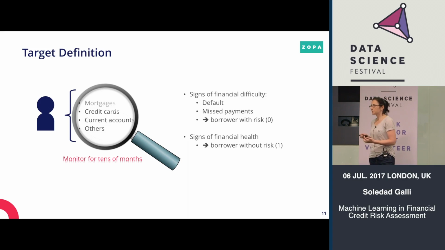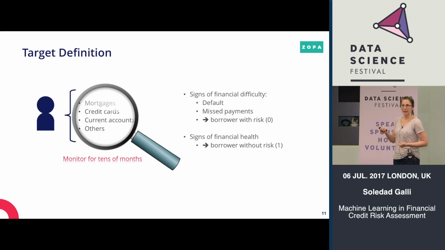And financial difficulty signs may be something like, for example, the customer defaulting on any one of those items, or also the customer missing payments, ideally more than 2, or also when the customer fails to pay the debt but doesn't default but goes somehow into arrangements with the entity that provided that debt. So all of those are signs of financial difficulty.